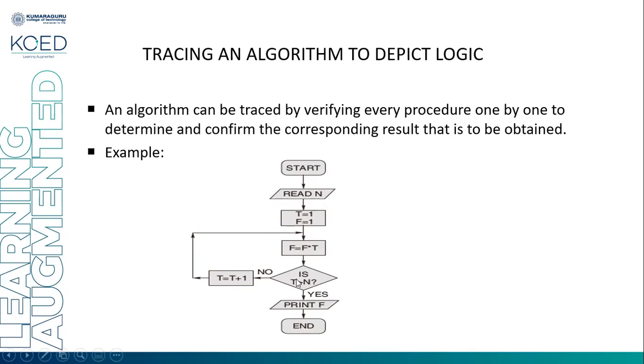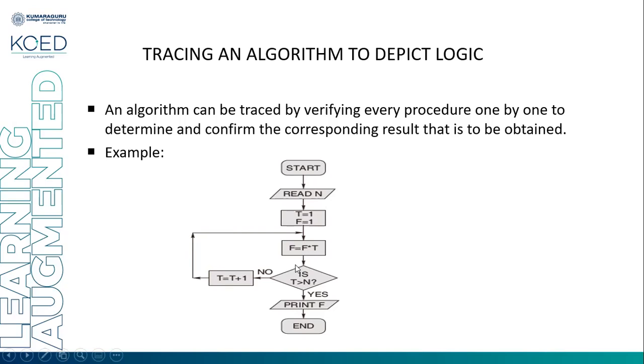Is 4 greater than 5? No. Then t equals t plus 1, so t becomes 5. Now 24 into 5 equals 120.